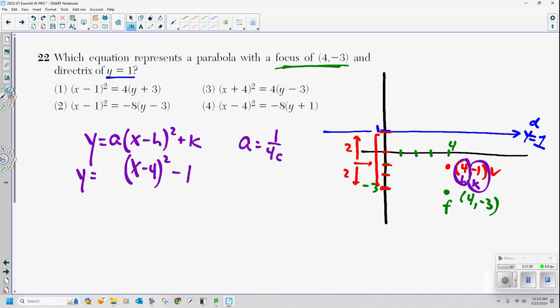There's so many things to remember here. So what's c? c is the distance from your vertex to your focus. Okay, so I'm going down 2, that's -2. That's my c value. So it's -1/8.